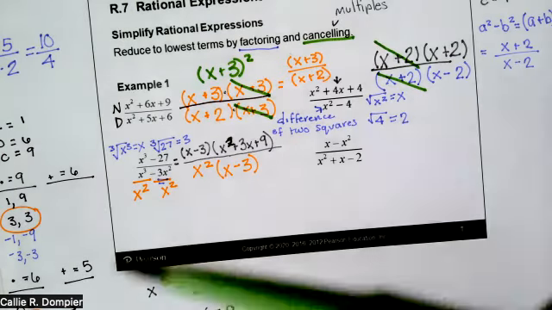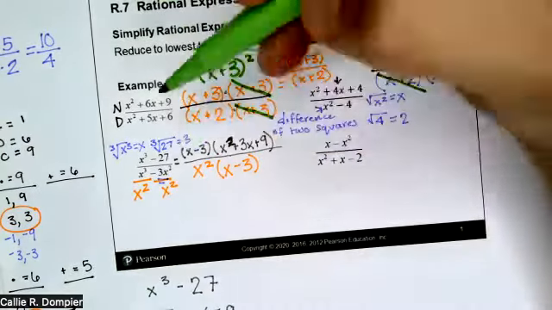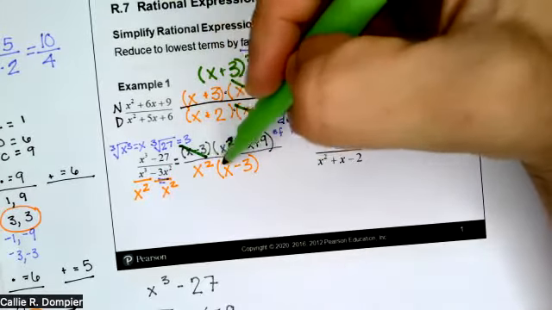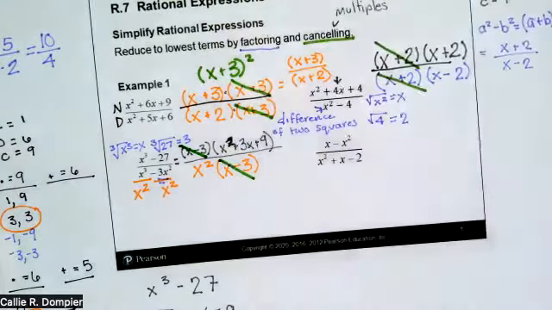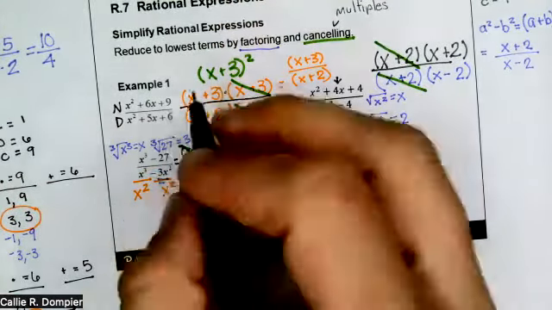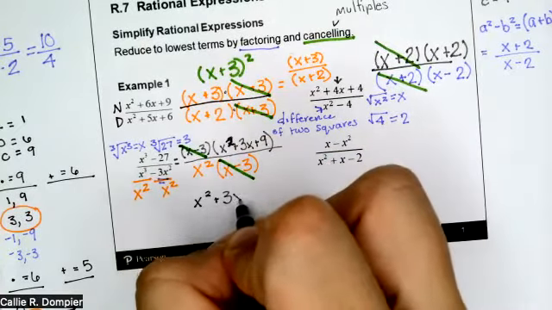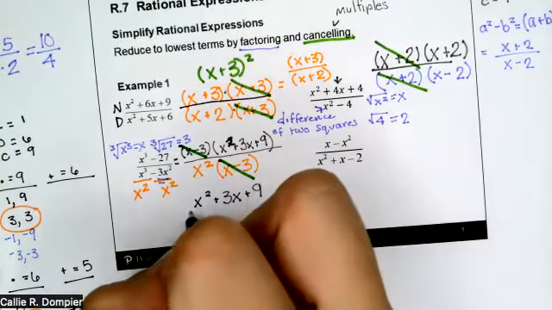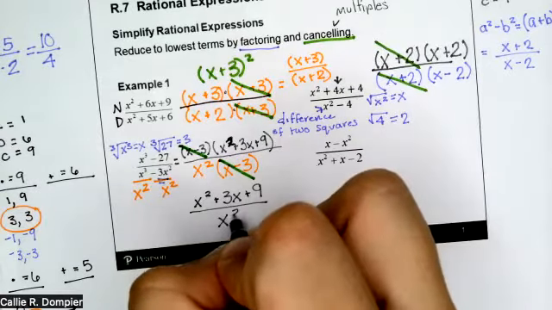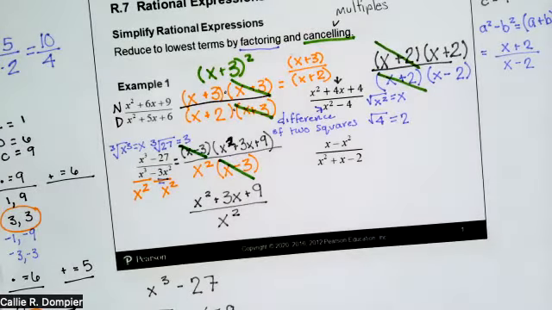Now I can cancel X minus 3 because it's in the top and the bottom. Now I have, I'm going to write it correctly this time, X squared plus 3X plus 9 over X squared, and we are calling that prime.